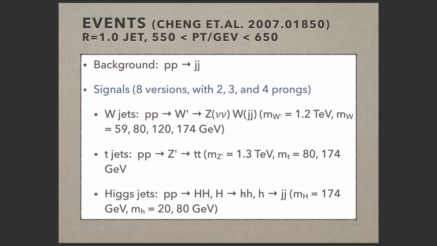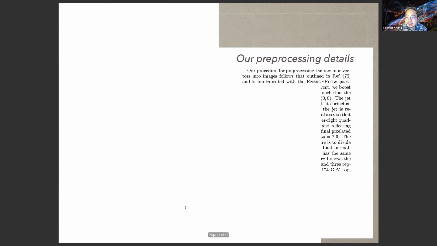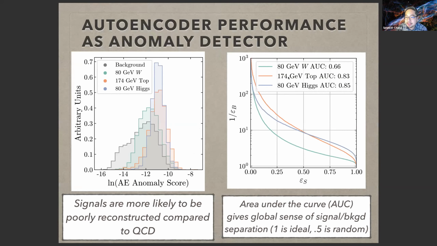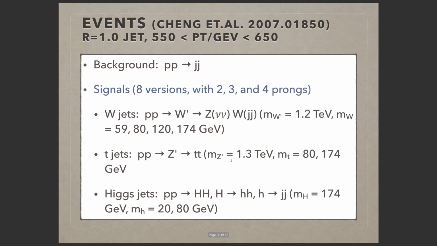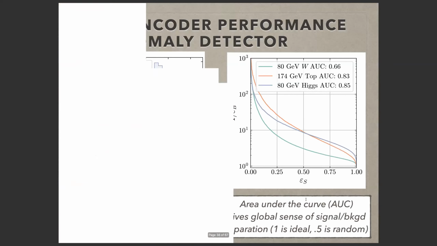Yes, but still, if the Higgs jet is a 2 prong jet, right? So the one I was plotting was the 80 GeV Higgs, you see this capital H. So it doesn't give so much 2 prong. I think it's more 4 prong, yeah. Okay, thanks. Yeah, no worries.